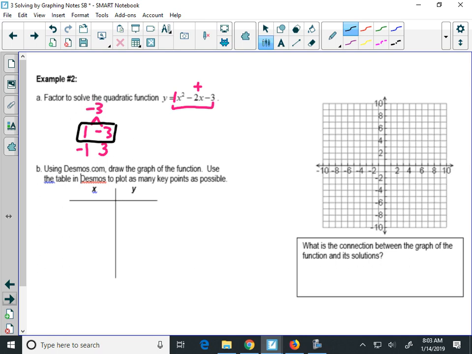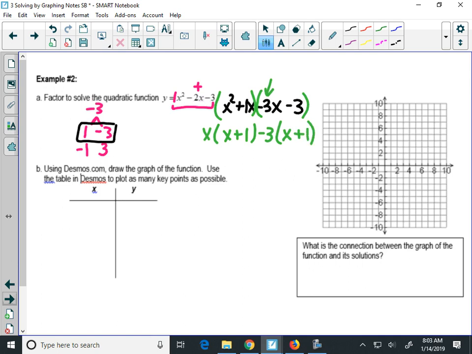So to factor here, I will have x squared plus 1x minus 3x minus 3. And I'm going to group. From the first group, I can pull out an x, and I'll be left with x plus 1 inside. And because this term is negative, I'm going to pull out a negative here and have x plus 1.